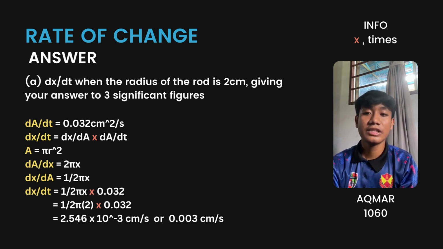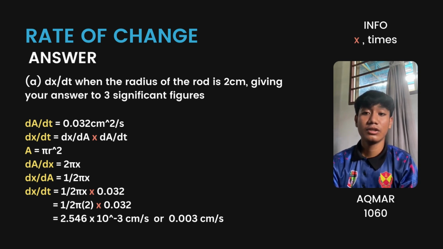Dx/dt equals 1 per 2 pi x times 0.032, equals 1 per 2 pi (2) times 0.032.